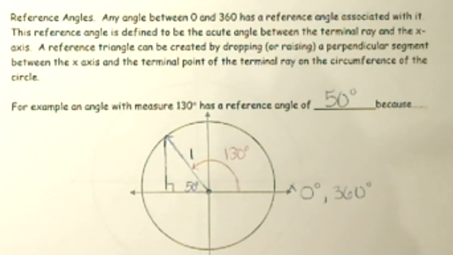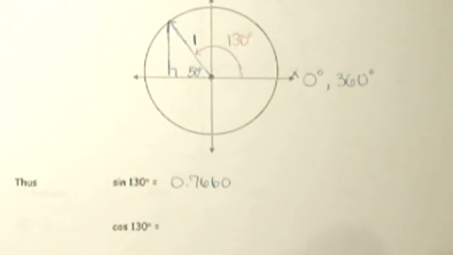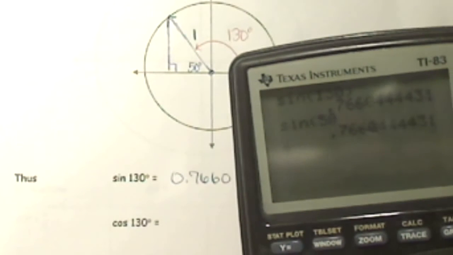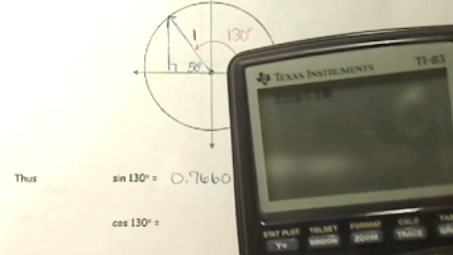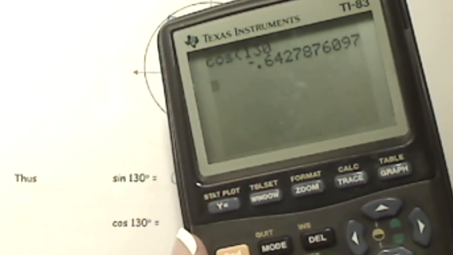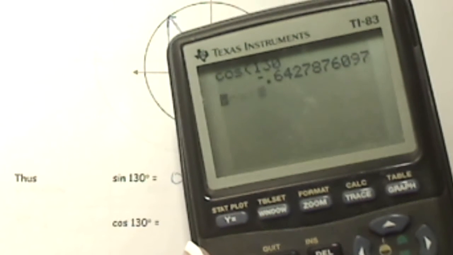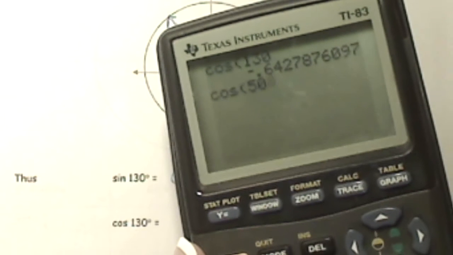If I wanted the cosine of 130, so I do the cosine of 130. You can see it's negative 0.6427 or 28 if we round it, and compare that to the cosine of 50.